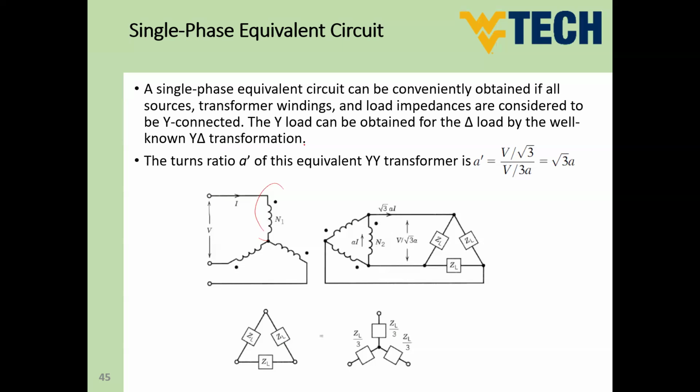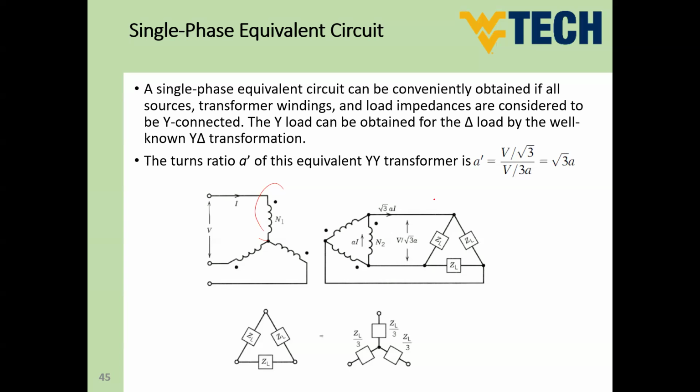So if you would like to solve the problem of Y delta, you have to convert the delta into Y. So if I have a Y-delta transformer, as you can see here, I can simply convert the delta connected load to a Y connected load, and then convert the problem to a single phase transformer. Okay, so this is one way that we can use in the equivalent circuit.